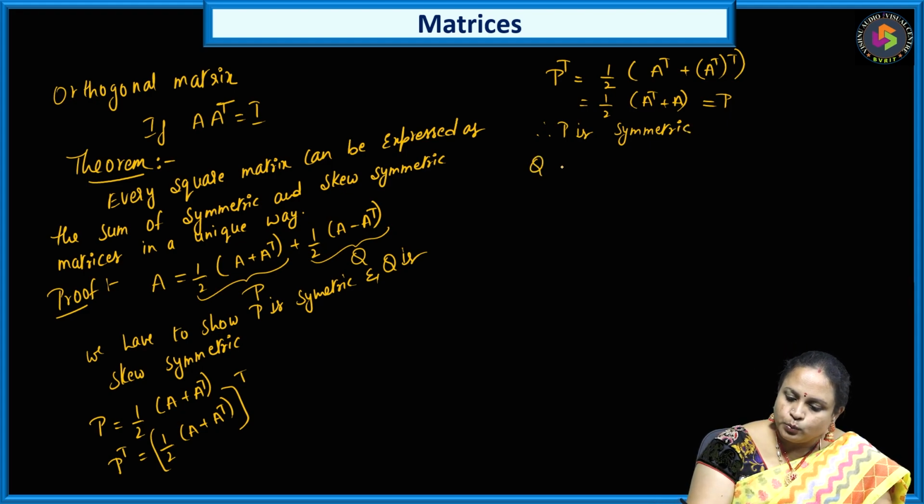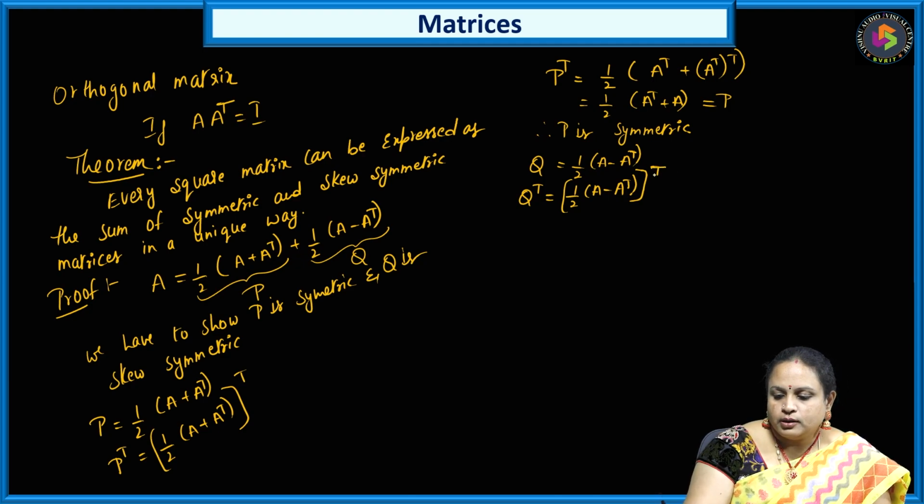Now, let us take Q. What is Q? 1 by 2 into A minus A transpose. Now, apply transpose on both sides. Q transpose equal to 1 by 2 into A minus A transpose whole transpose. So, this is equal to 1 by 2 into A transpose minus A transpose whole transpose.